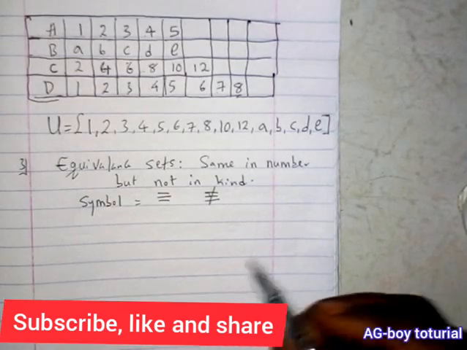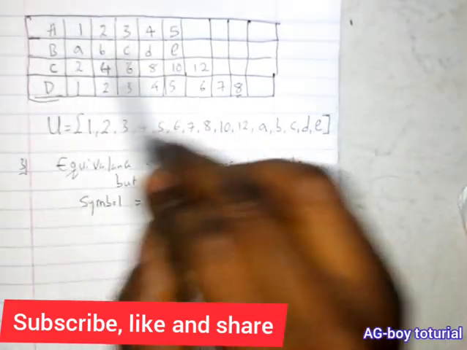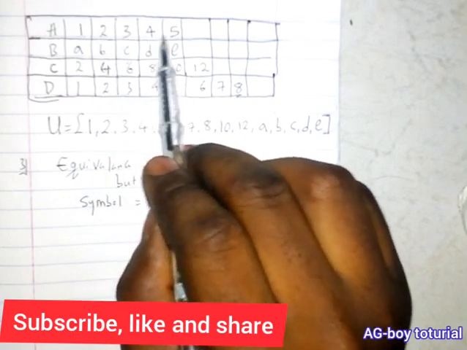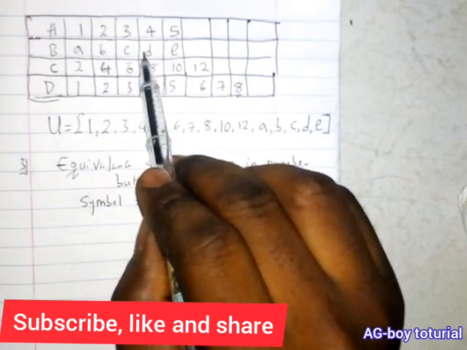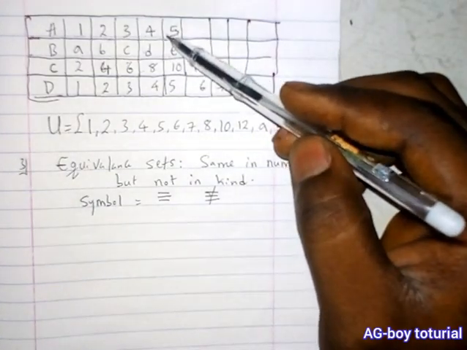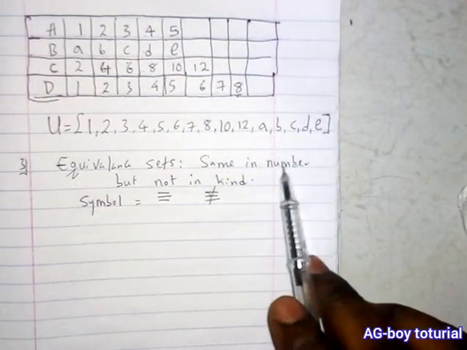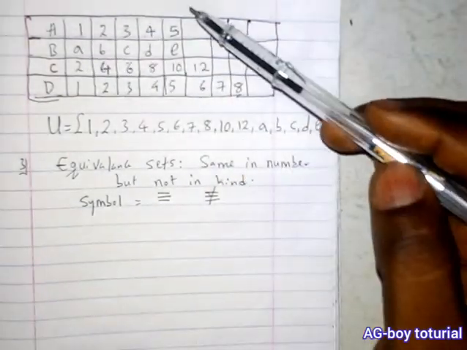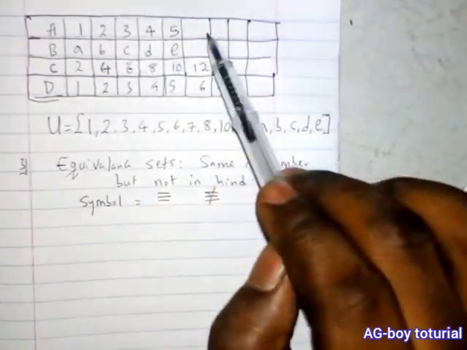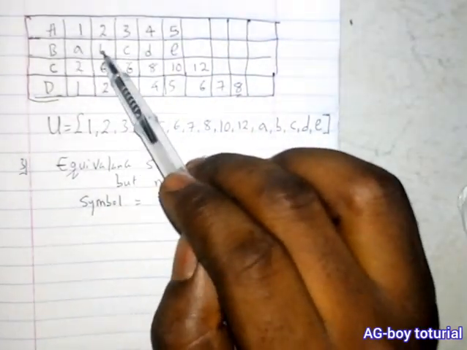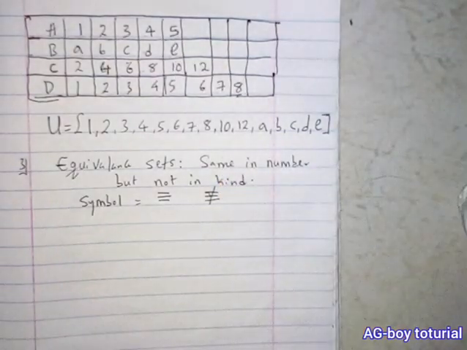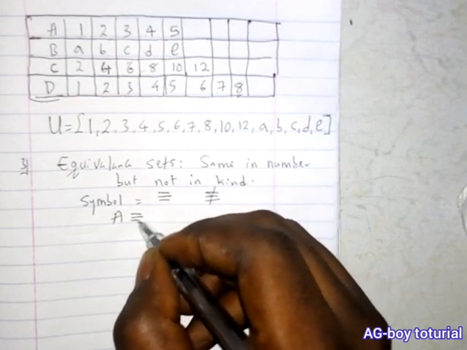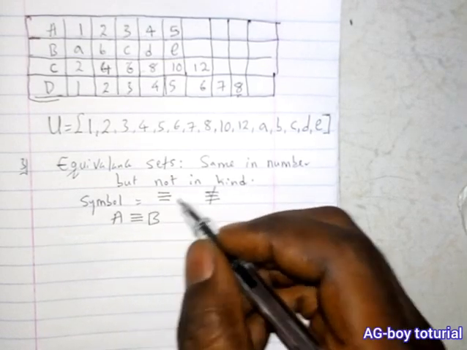All right. Now let me use my table to show you equivalent. 1, 2, 3, 4, 5. 1, 2, 3, 4, 5. Remember, what did I say? Same in numbers, but not in kind. Now, this is 1 and this is A. So they are not the same in kind, but they are the same in numbers. When you number them, 1, 2, 3, 4, 5. So therefore, we can say A is equivalent to B. Understand?